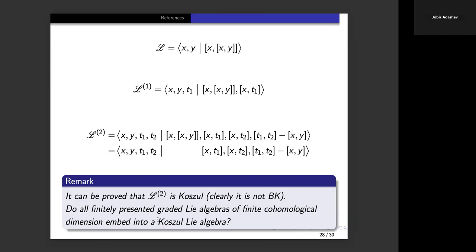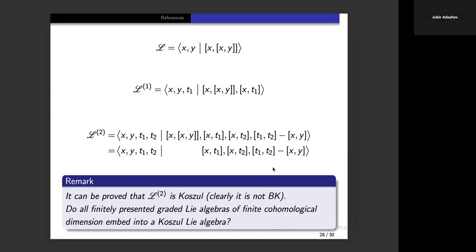Well, in principle, I thought that it was enough to suppose that finitely presented graded Lie algebras embed into Koszul ones, but I found examples like the positive part of the Virasoro Lie algebra, which have infinite cohomological dimension, but still are finitely presented.